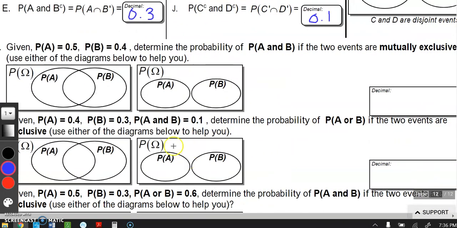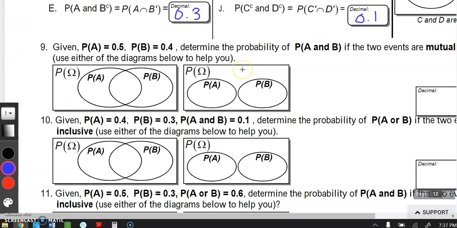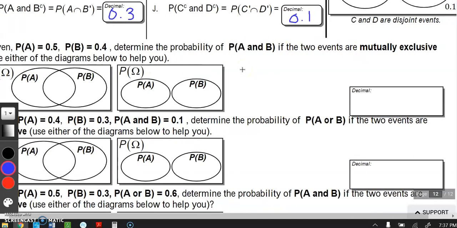Now let's do some math. The probability of A is 0.5. The probability of B is 0.4. We want to determine the probability of A and B if they're mutually exclusive. So if they're mutually exclusive, then that means that we're using the second diagram. So we would put 0.5 in the first circle, 0.4 in the second circle.